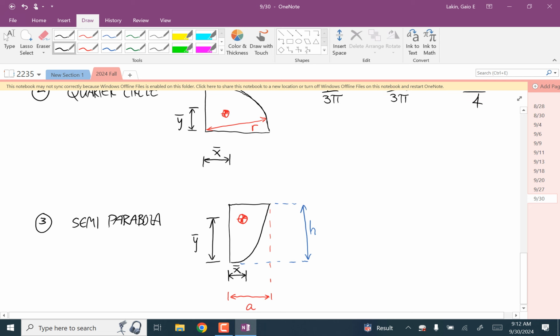Then X bar is 3A over 8. Y bar is 3H over 5. And the area is 2AH over 3.